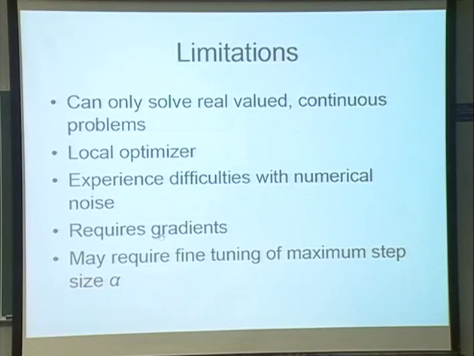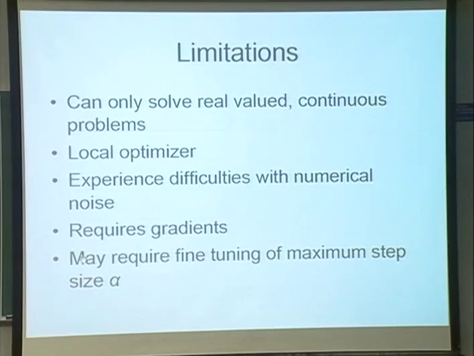The method requires gradients, unlike PSO or GA, which don't. You'll have to have either a function that'll give it the gradients, or you have to use some sort of finite differencing method to obtain the gradients. And this is also coupled with the numerical noise.